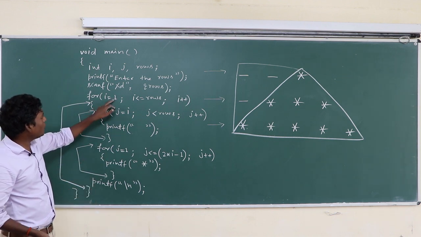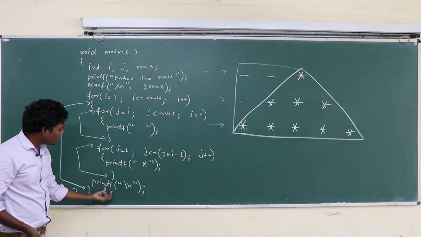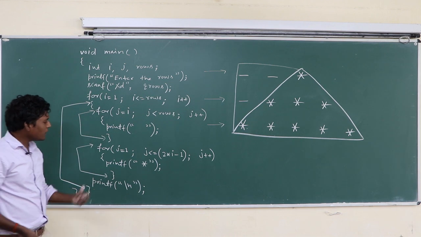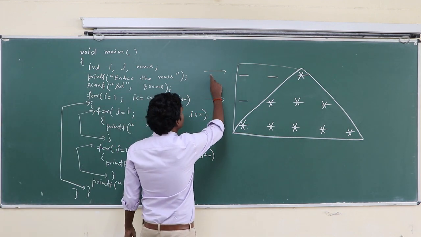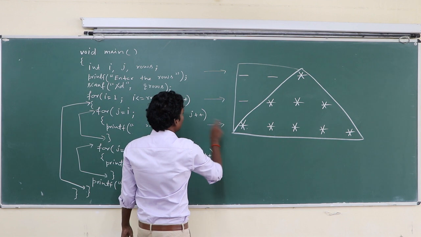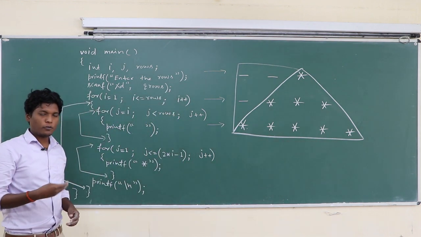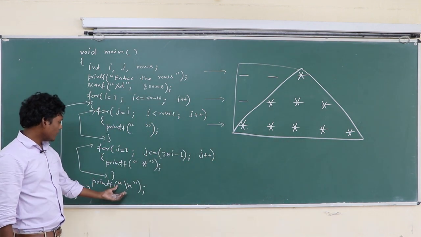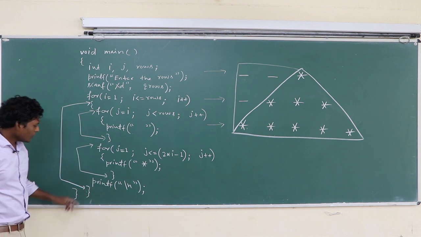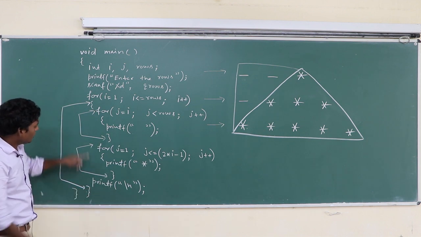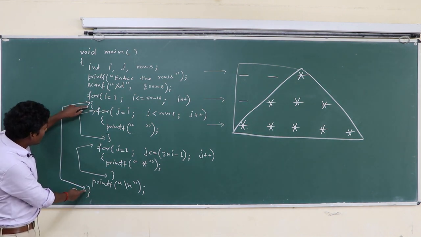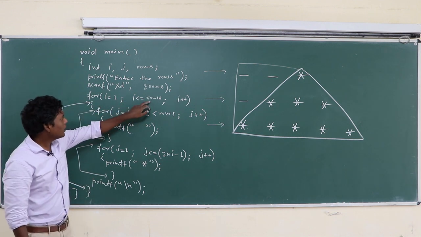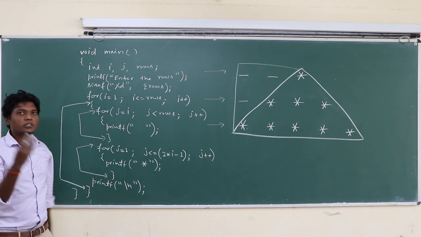So when this loop executes, this printf will also execute, and this printf places the cursor at the next row. And this is the end of the outer loop. When this condition fails, the outer loop has executed 3 times.